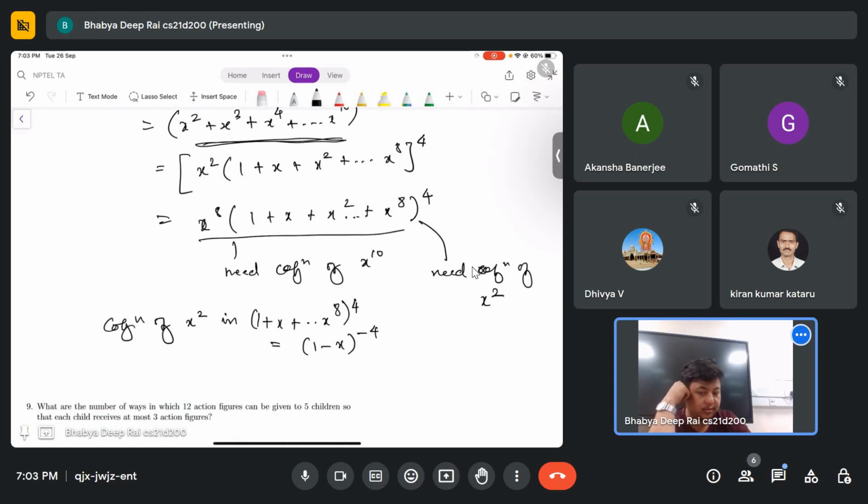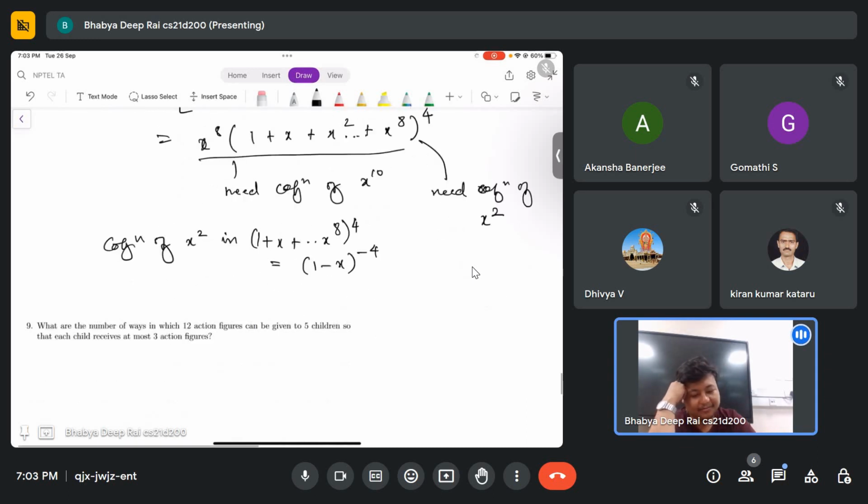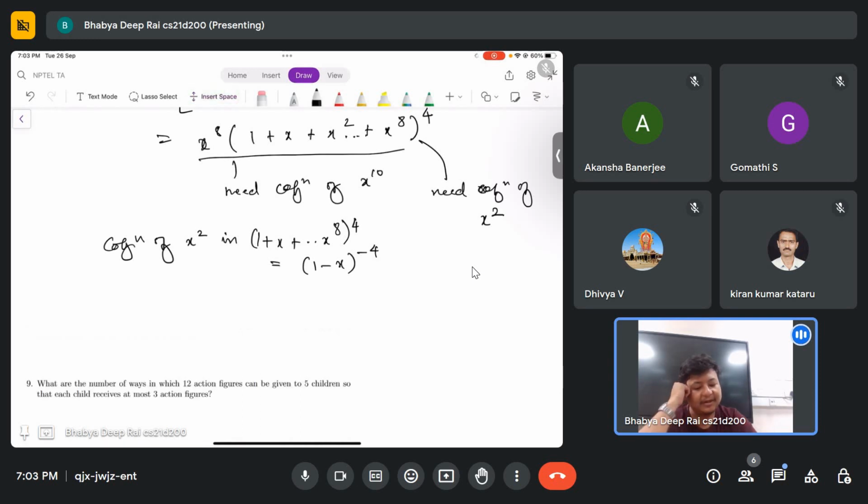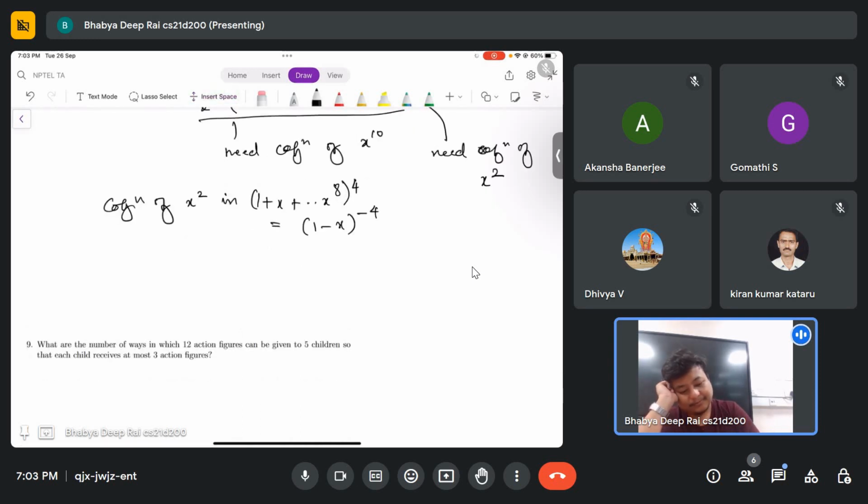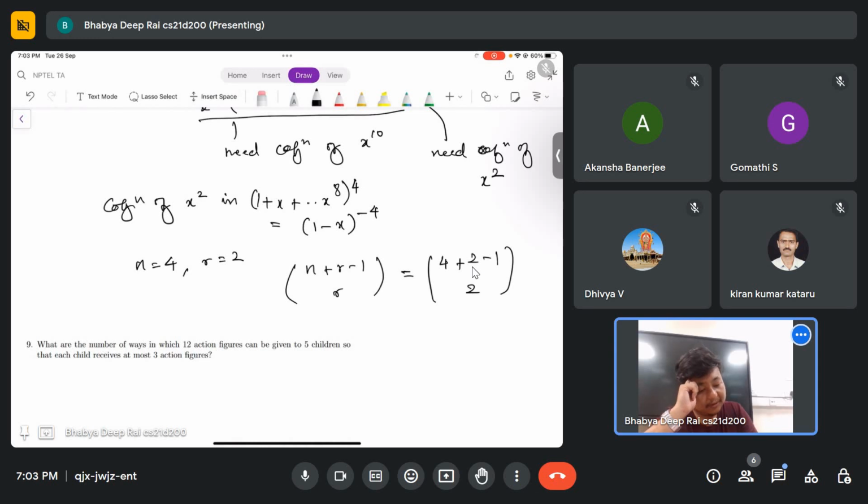Well, we have the formula, right? Here n is equal to 4 and r is equal to 2. So what is the formula to find the coefficient of x squared? We just do n plus r minus 1 choose r, which is nothing but 4 plus 2 minus 1 choose 2, which is equal to 5 choose 2.